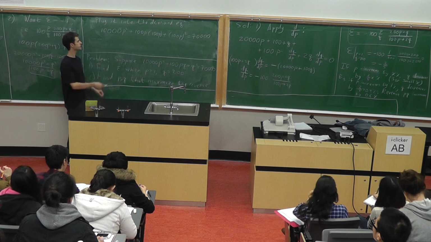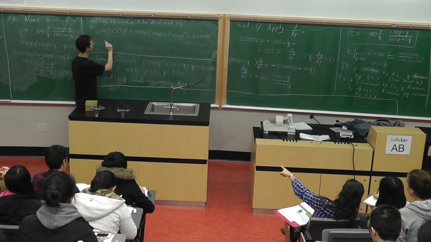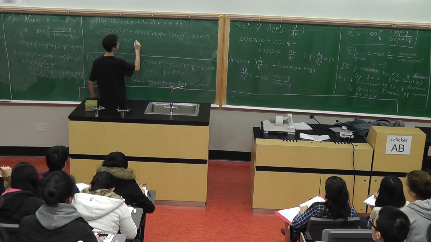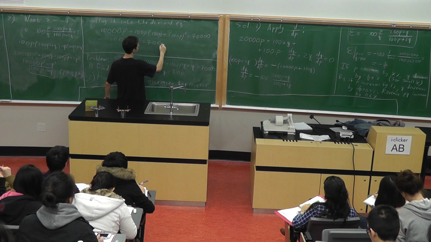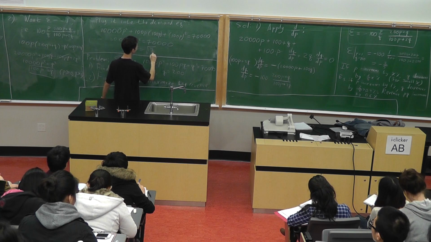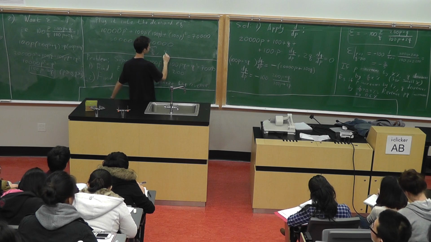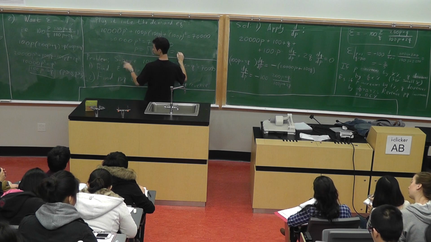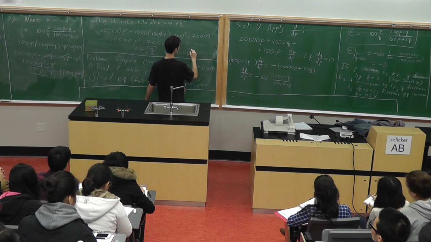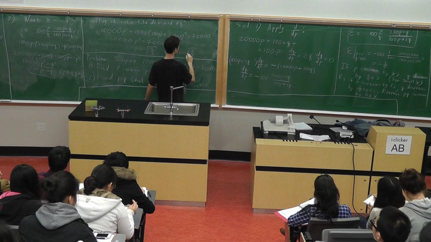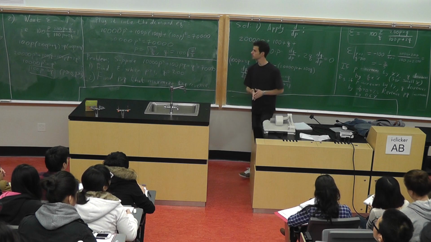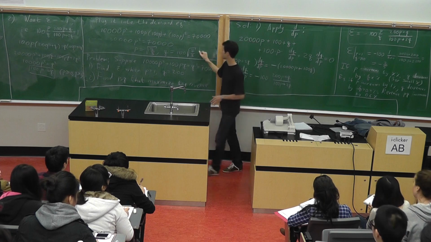So if you open the brackets and add everything up, you'll get 30,000 P squared is 70,000. So P is equal to the square root of 7 over 3. And Q is 100 times P. So 100 times the square root of 7 over 3. Okay, that's the answer.